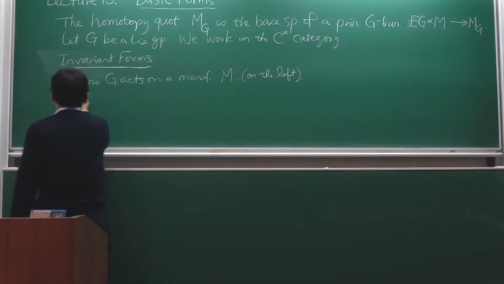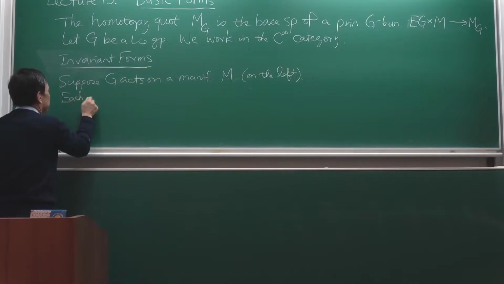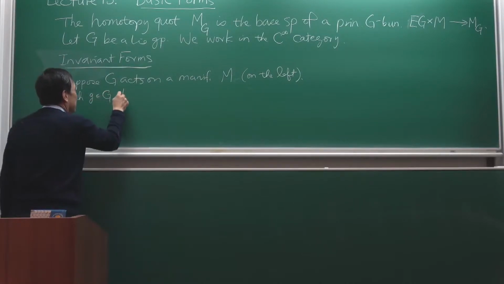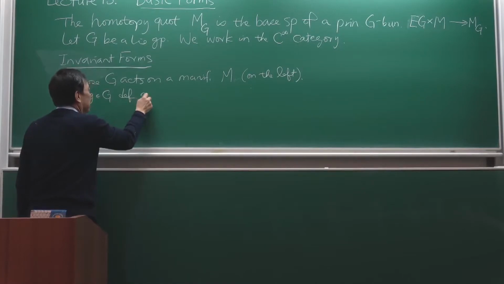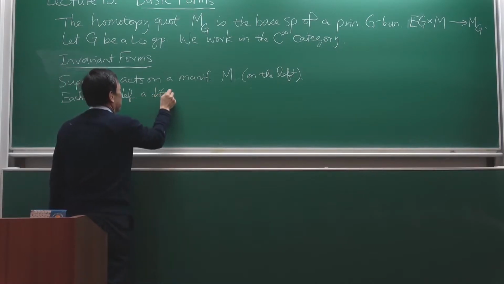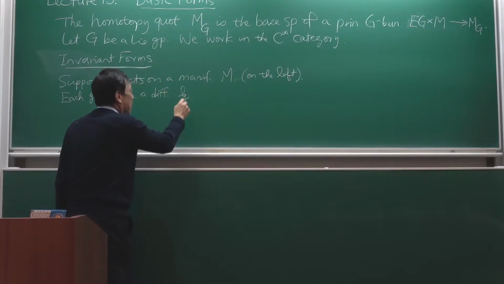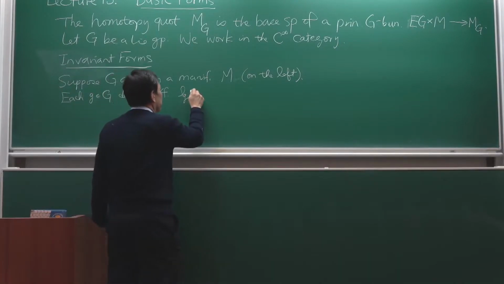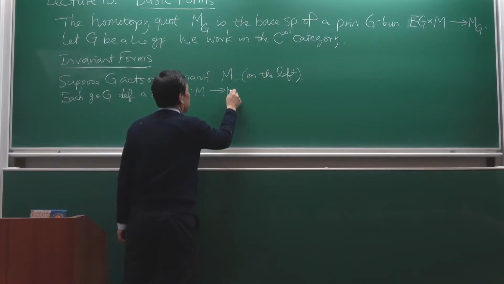Okay. Then each g in G defines the diffeomorphism L_g, which is multiplication on the left.